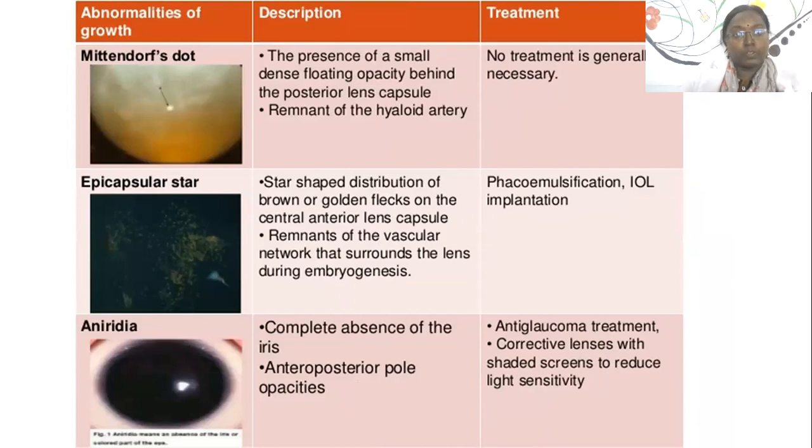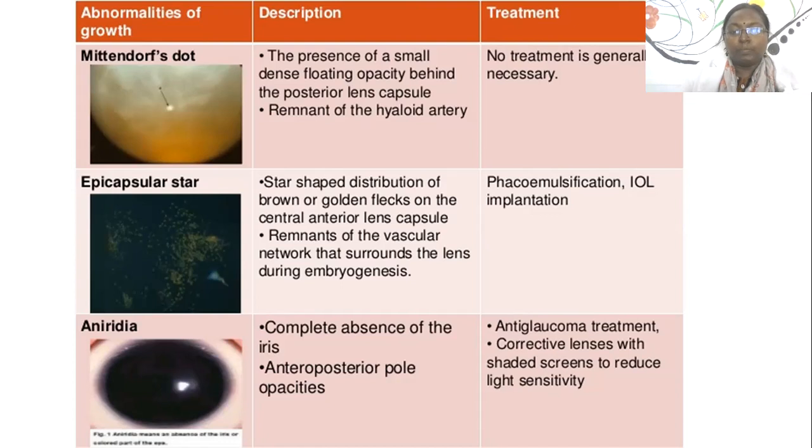And the epicapsular star. In this abnormality, there is a star-shaped distribution of golden flecks on the central anterior lens capsule. These are nothing but the remnants of the vascular network that surrounds the lens during embryogenesis. The treatment includes phacoemulsification, IOL implantation.